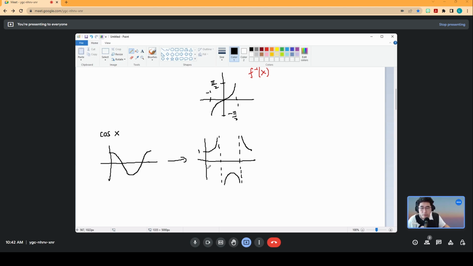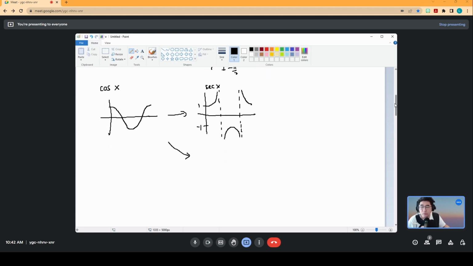We have 1 then minus 1, so that is the secant graph. Then we also have the arccos graph, the shape that actually looks like this. So minus 1, 1, this is pi over 2 and pi.